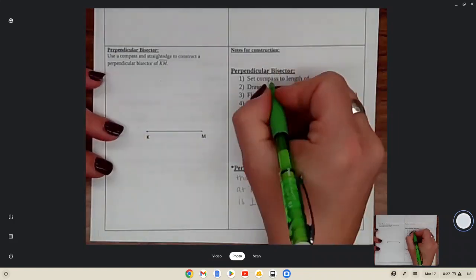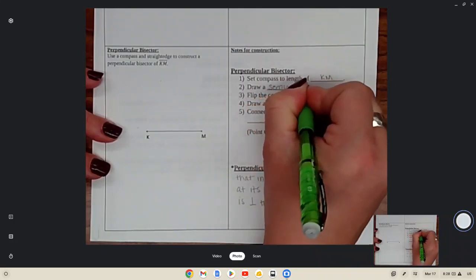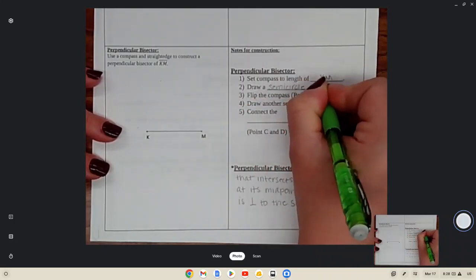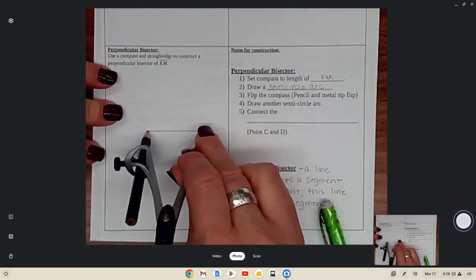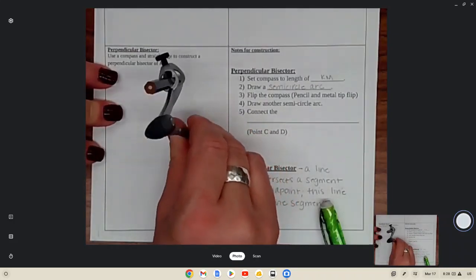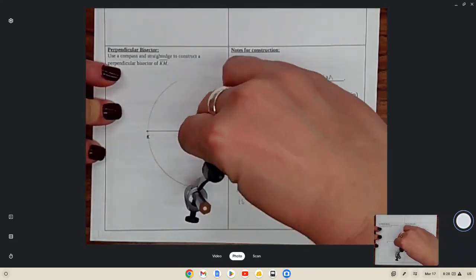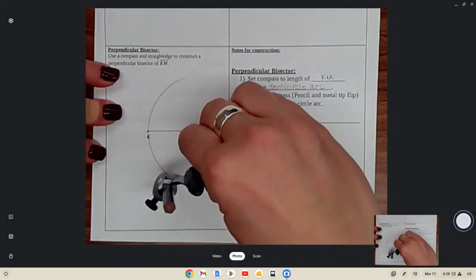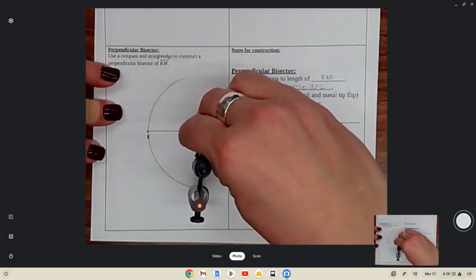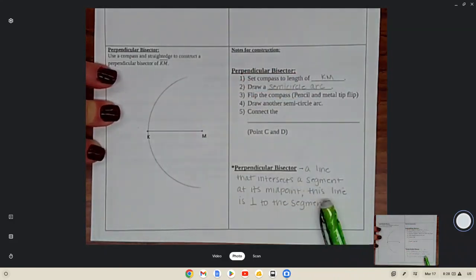Step 2, draw a semicircle arc. Okay, so again, you have your pin on one side, your pencil on the other. I'm going to draw a semicircle arc, so a big one.